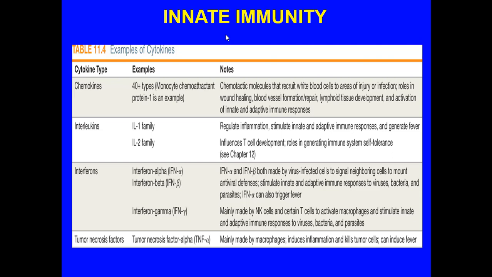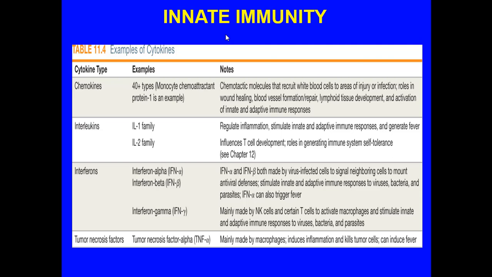Interferons, there are three major types: alpha, beta, gamma. Alpha and beta, both are made by virus-infected cells. They signal their neighbors to basically mount antiviral defenses, because the neighboring cells would eventually be infected by the same virus after it finishes taking over that individual cell and replicating lots of copies. This stops the spread of the virus in the surrounding tissues.